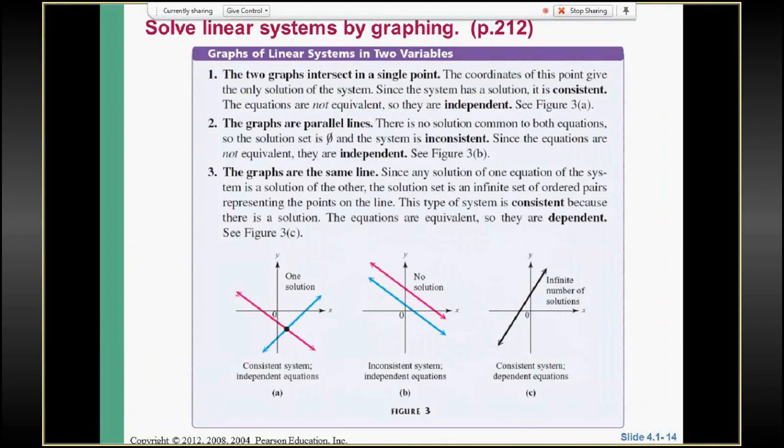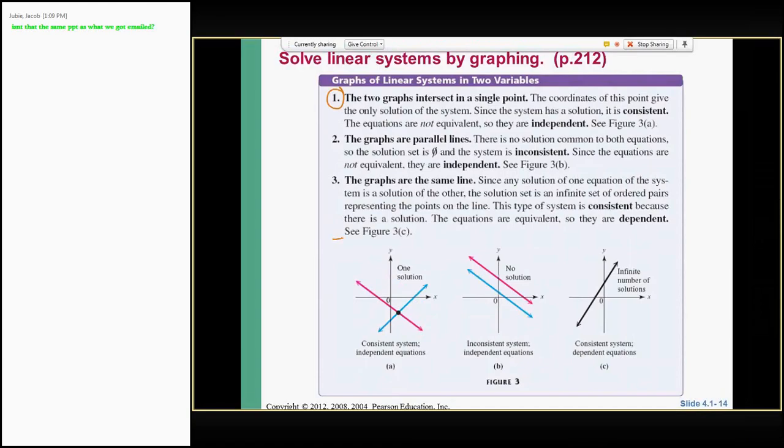Most of your problems are going to be number 1. I had you print this off, but I don't know if you still have it. If not, the pictures are probably the best. So here on down, copy that. The lines could intersect, and if they do intersect, they are going to intersect at some point.